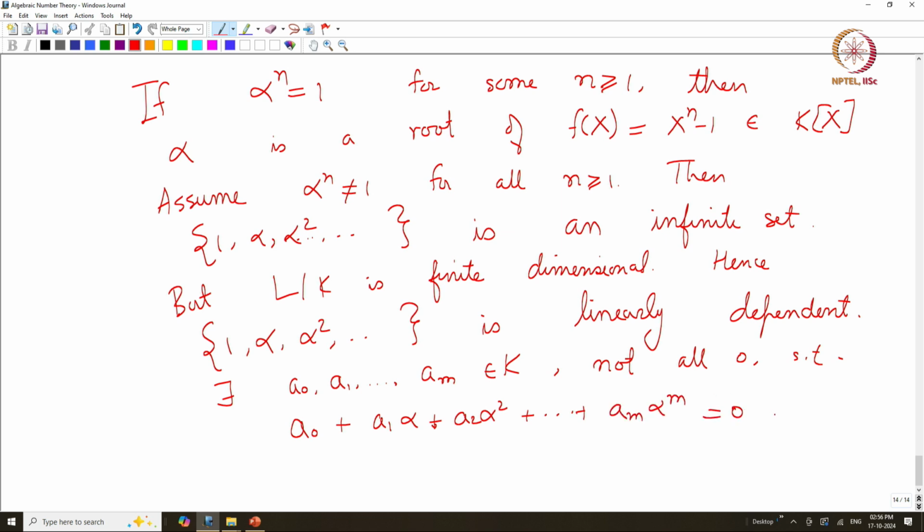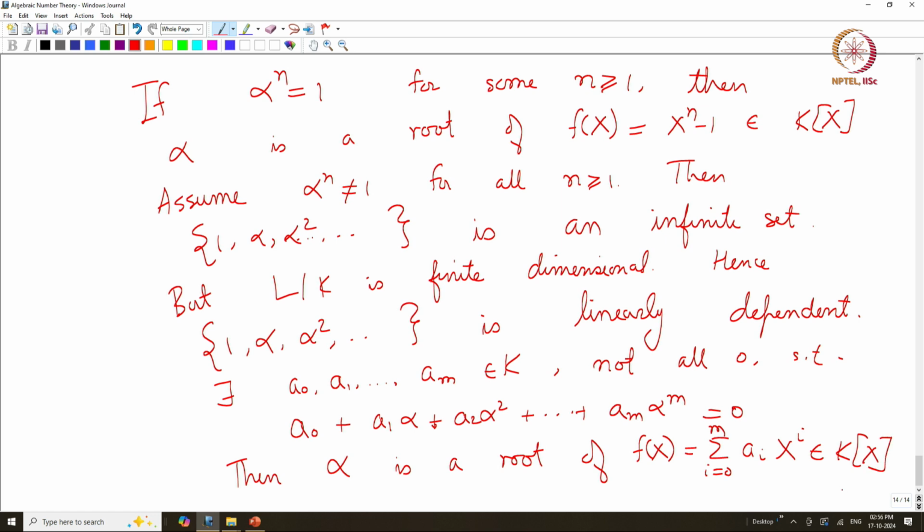That is what it means to be linearly dependent. Okay. Then alpha is a root of this polynomial f of x, which is the summation i going from 0 to m of a_i x to the i, and this is a non-zero polynomial in K[x]. Okay. So, that proves the lemma.